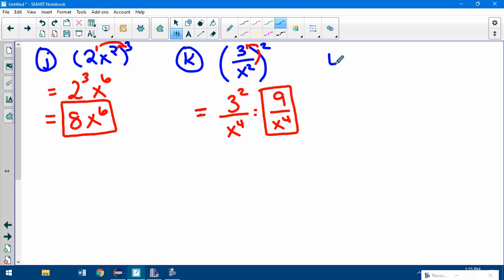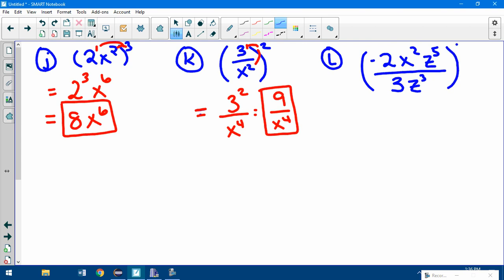All right, and then let's get a little tricky with these last couple here. Let's try negative 2x squared z to the 5th all over 3z to the 3rd, but then all that cubed.